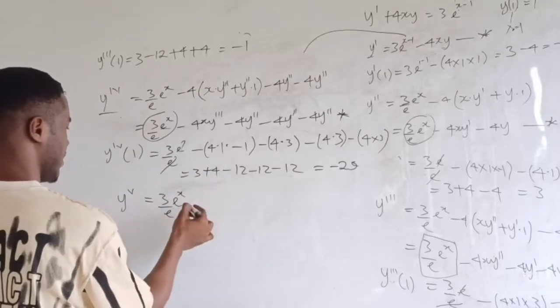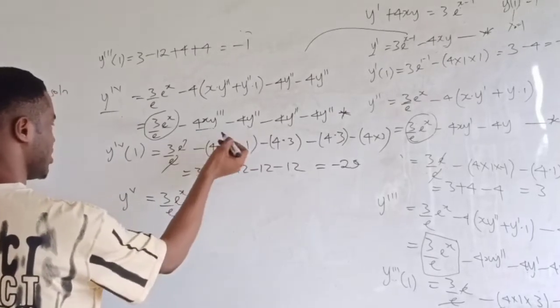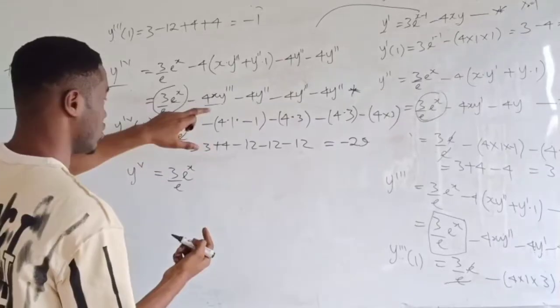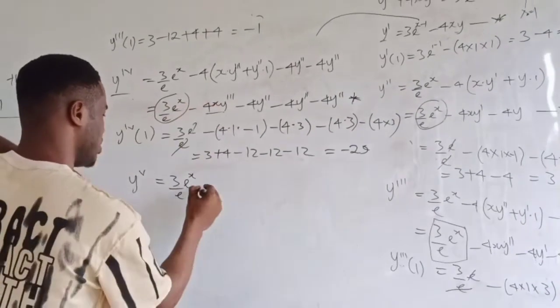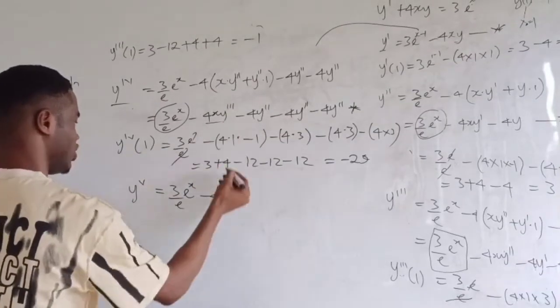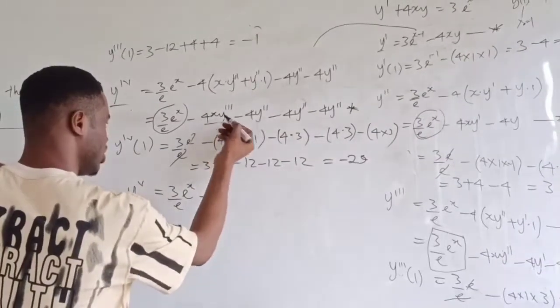Okay, so if you differentiate this, the first thing I'm going to do is to bring out the coefficient of the product, which is -4. So differentiating, if you hold one, differentiate the other.